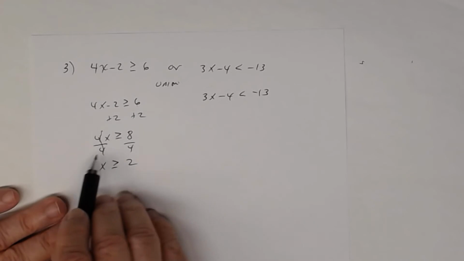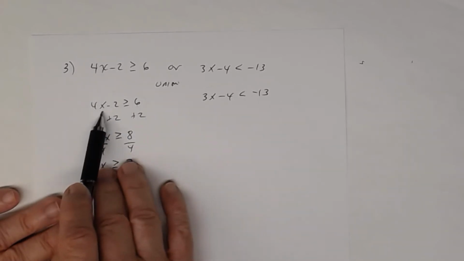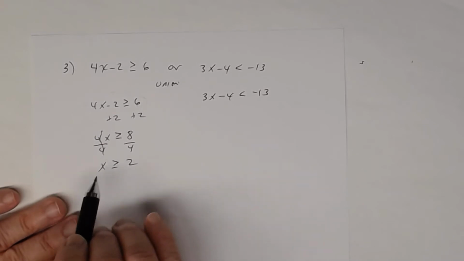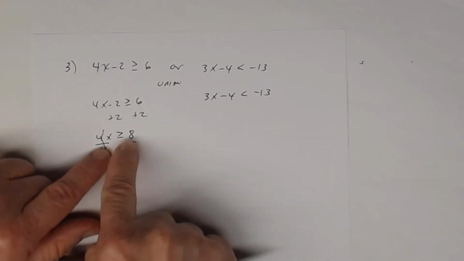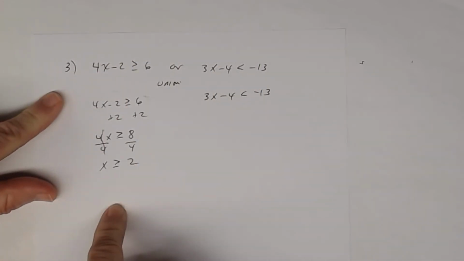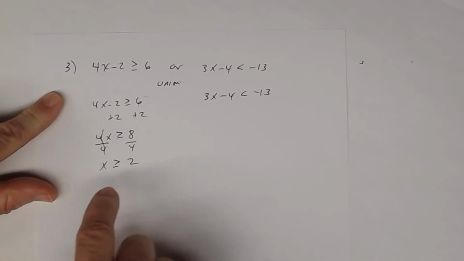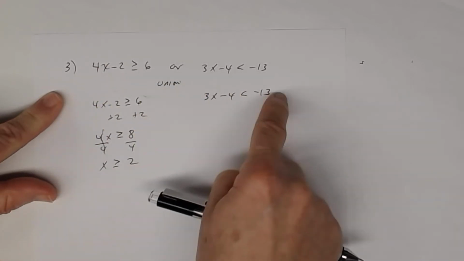So notice what I found is that the solution here is the solution to this inequality. All right, but at the same time, I know this, right? That's an OR statement. So if this is the solution to this, then it's going to be the solution to the whole thing. Because remember, an OR means that the solution has to satisfy either this one or this one. It doesn't have to be both.